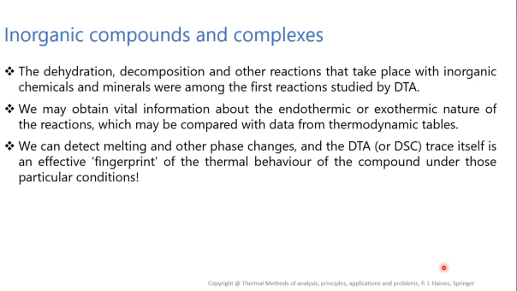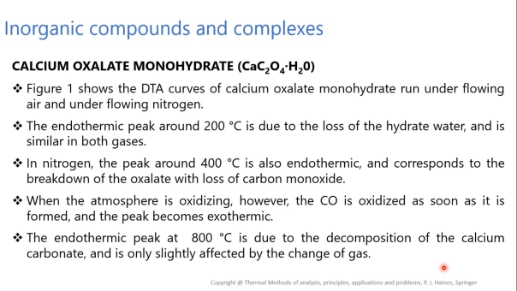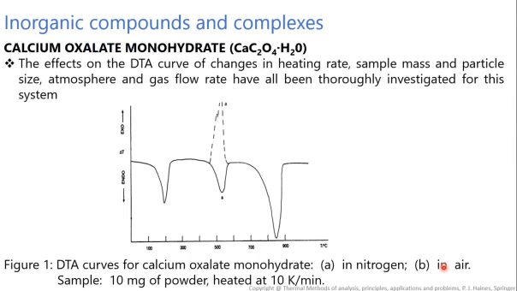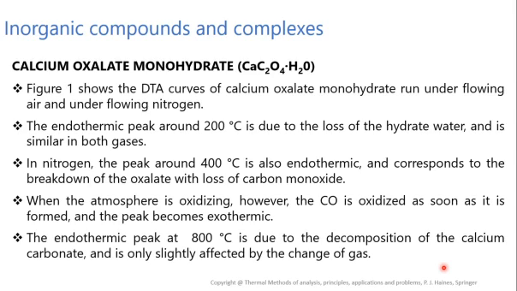under those particular conditions. So look at first, that is the inorganic compounds and complexes, that is nothing but the calcium oxalate monohydrate. So generally look at this particular figure 1, which shows the DTA of the calcium oxalate, which shows that whenever we run that particular DTA under a flowing of air or under flowing of nitrogen, we obtain an endothermic peak around 200 degrees Celsius, which is due to the loss of hydrated water, and it is similar in both gases.